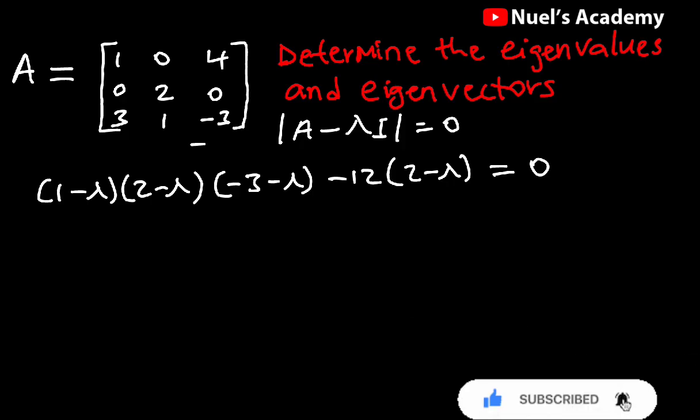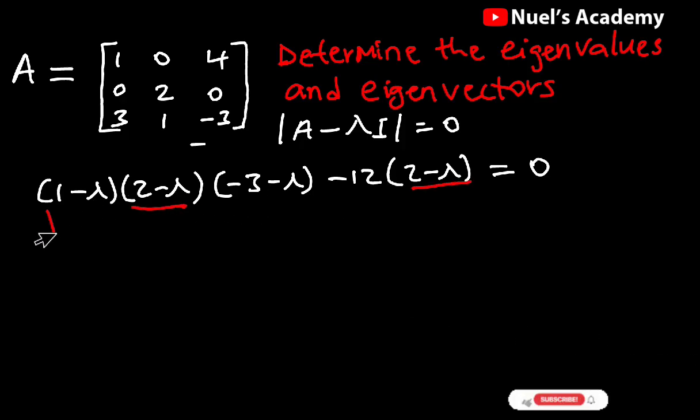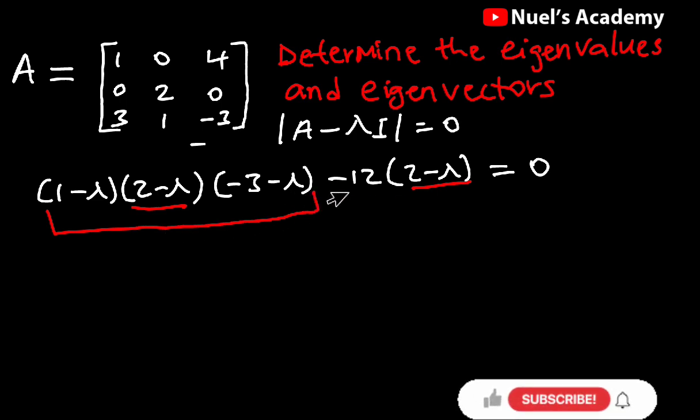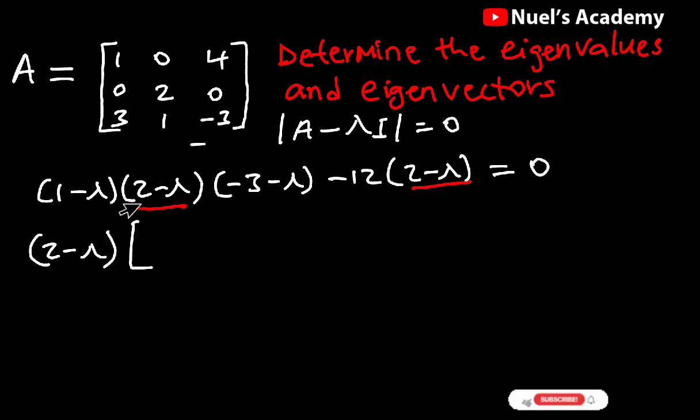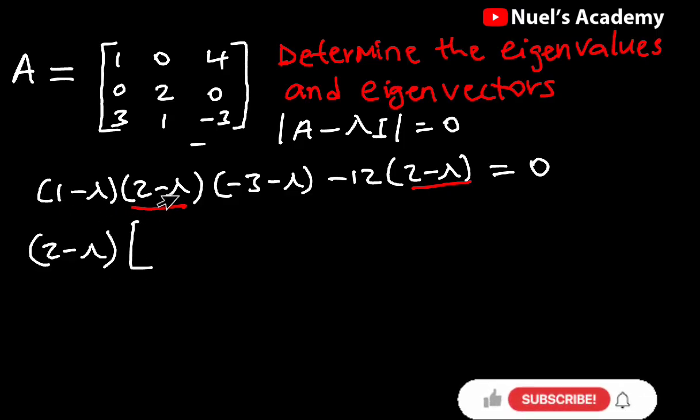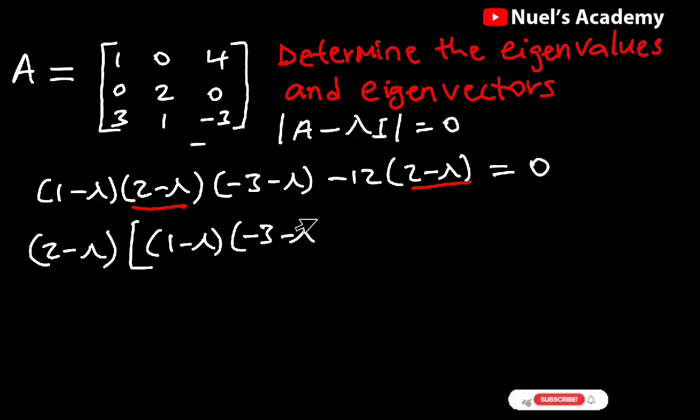So let's factor out 2 minus lambda, because this part of the equation and this part have it in common. So we are going to have 2 minus lambda into, now 1 minus lambda multiplied by 2 minus lambda multiplied by minus 3 minus lambda, all of this divided by 2 minus lambda, we'll be left with 1 minus lambda multiplied by minus 3 minus lambda.